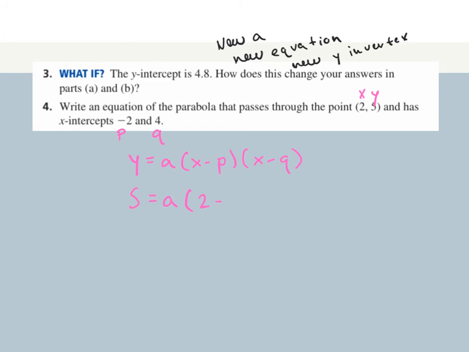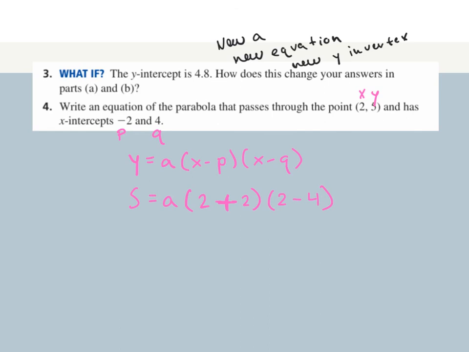Keep, change. It becomes a plus sign. So this would be 2 minus a -2, which becomes a big plus sign. And then we plug in 4, so this is 2 minus 4.